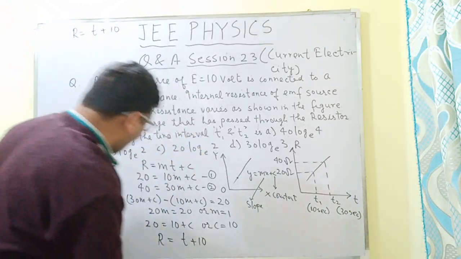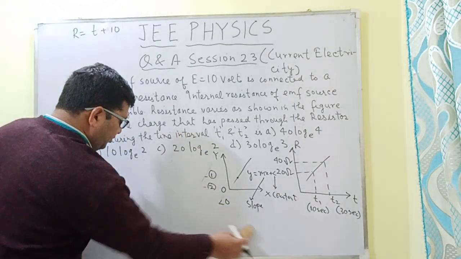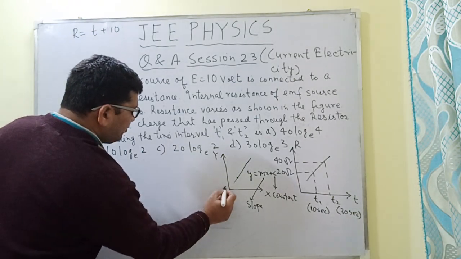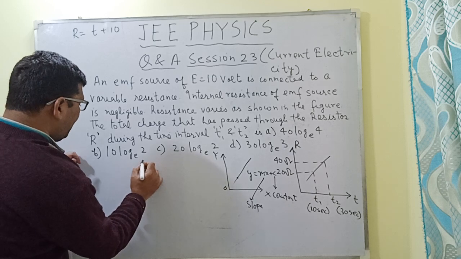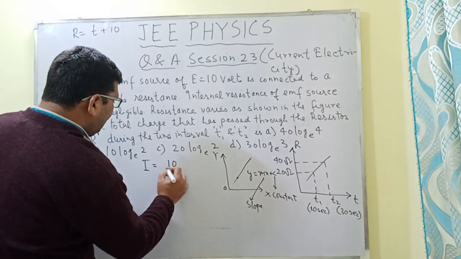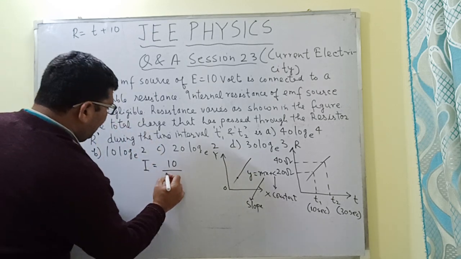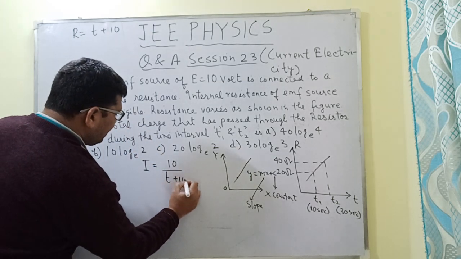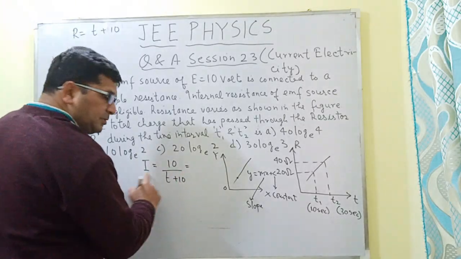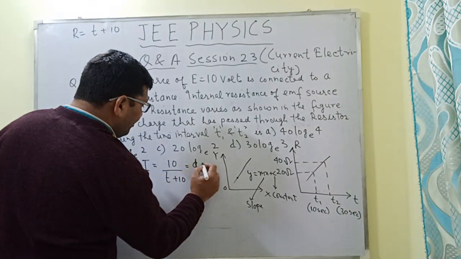Now this resistance is connected to an external EMF source of 10 volts. So the current through that resistor will be equal to 10 divided by the value of R, which is equal to 10 divided by T plus 10, and this I is also equal to dq upon dt.